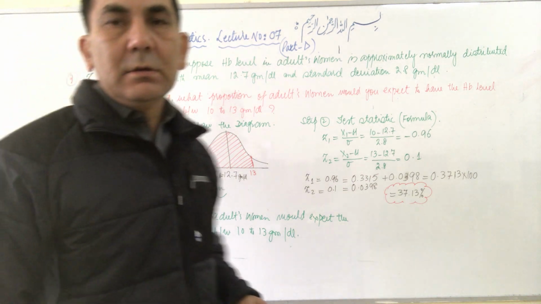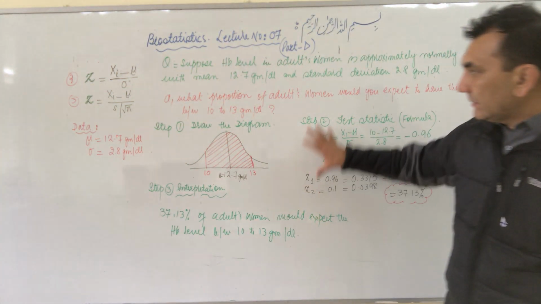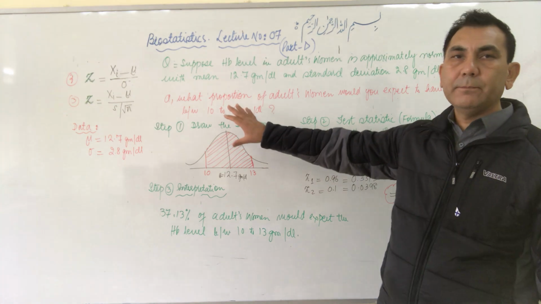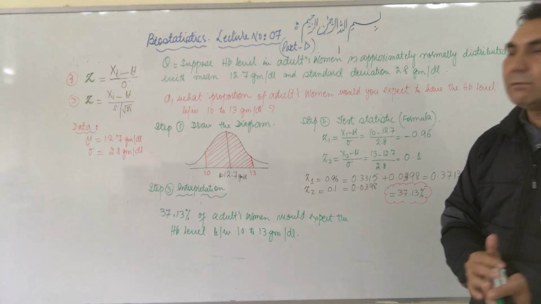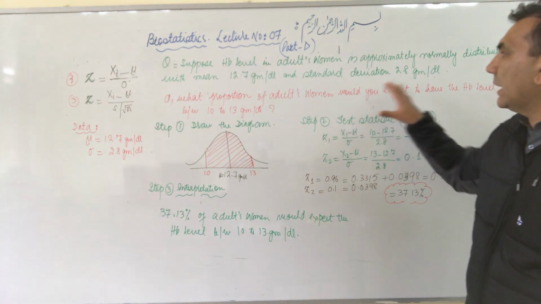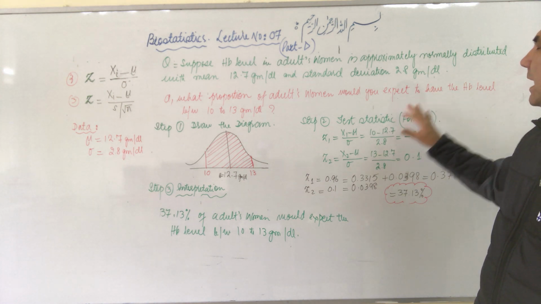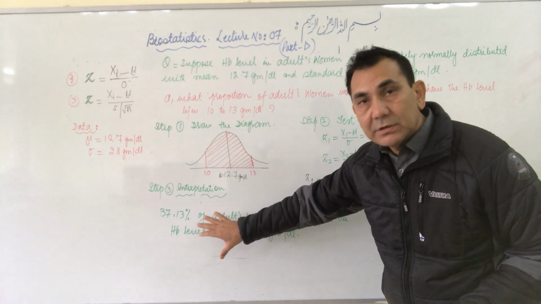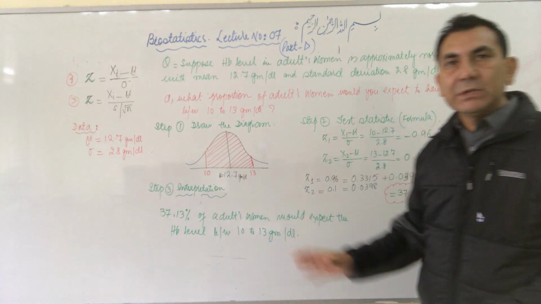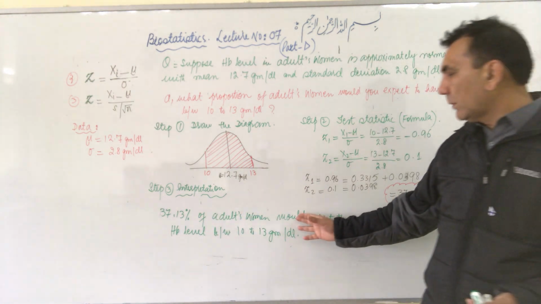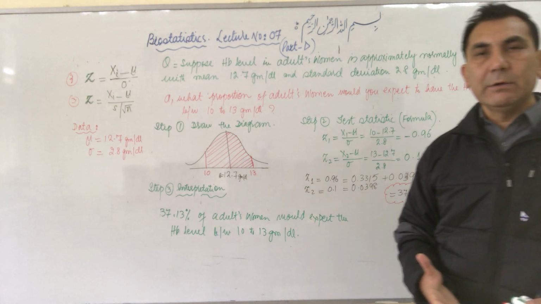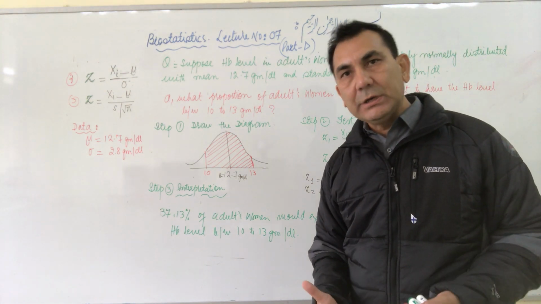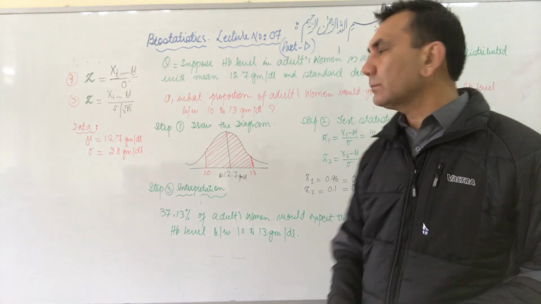Okay, so we solve the numerical, which is what we ask: what is the proportion of the adult women who would be expected to have the hemoglobin level between 10 to 13. So in the last, 37.13% of the adult women would expect to have the hemoglobin level between 10 to 13 gram per deciliter.